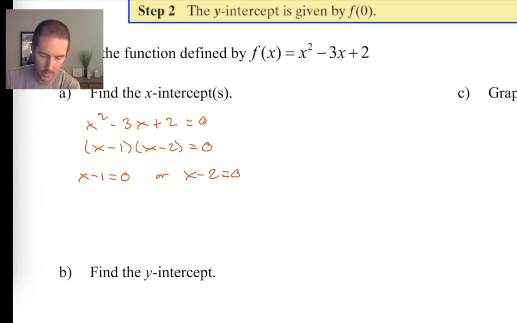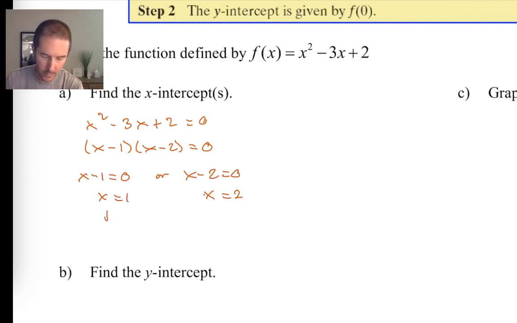And if we add 1 to both sides of our first little equation, we find that x is equal to 1, and if we add 2 to both sides of our second equation, we get an x value of 2. So our function is going to be crossing the x-axis where x equals 1 and where x equals 2. So those are our x-intercepts.